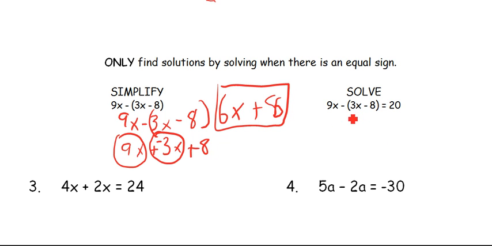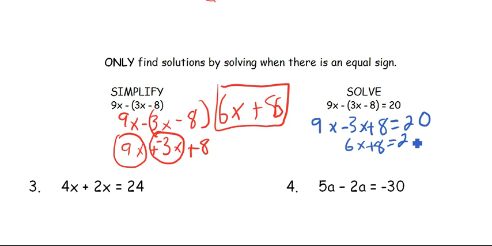Now in this, we can do the same thing, and for brevity's sake, I'm just going to go ahead and simplify the 9x minus 3x plus 8 equals 20. First thing we're going to do is we're going to combine like terms. 9x minus 3x is 6x.